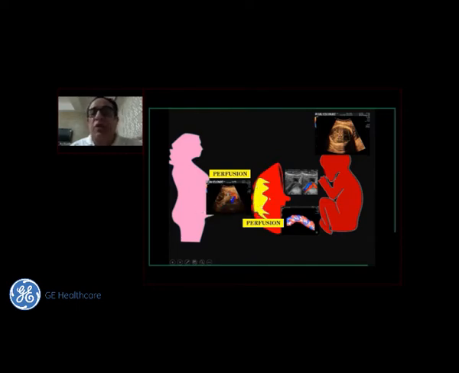Then this blood goes into the umbilical vein and carries the oxygen to the fetus, and then it returns via the umbilical artery. So we have two components of the circulation in the placenta. One is the uterine artery, which perfuses the placenta, and one is the fetal vessels, that is the umbilical artery. If anything goes wrong in the placenta, this can be reflected in both these vessels.